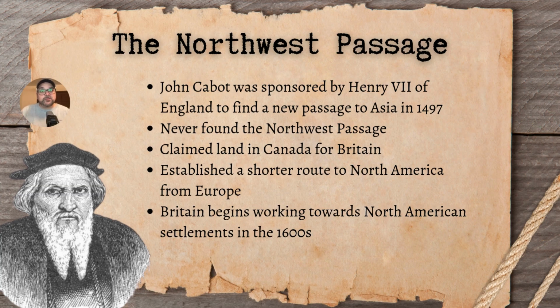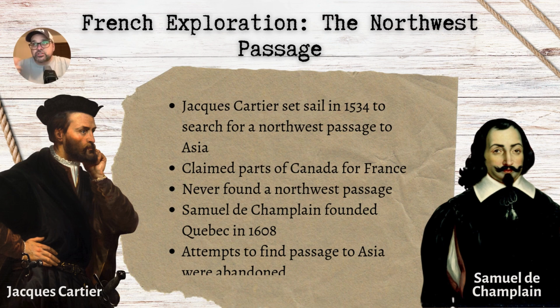So it'll be a while before the British come, but they were still kicking around a little bit with John Cabot here in 1497. So we'll talk more about the Northwest Passage as well. The French also take a look at that. So let's talk about that a little bit more as well. So John Cabot is claiming land in what is today Canada for Great Britain, for the British, and so are the French.